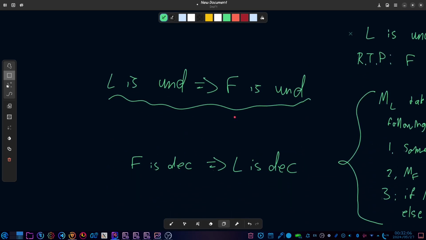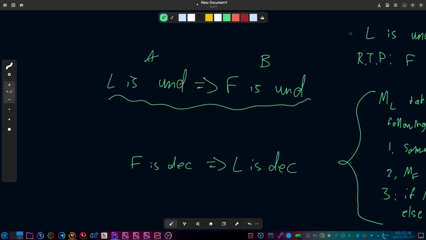Well, if we're showing this, what we can do is show this. So this is going to be our A, that's going to be our B. To show that A implies B, we're going to show that not B implies not A. That makes sense, right?